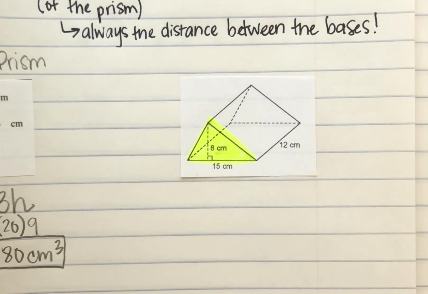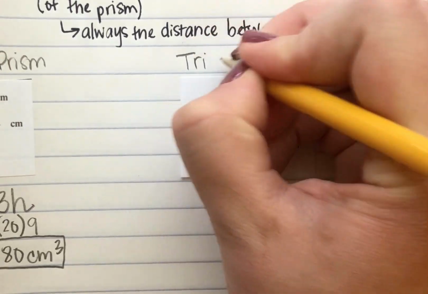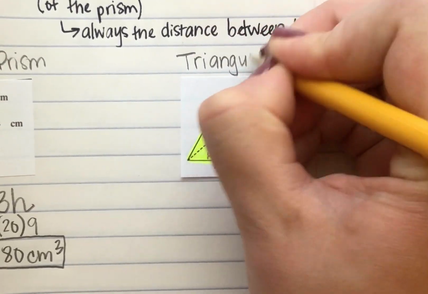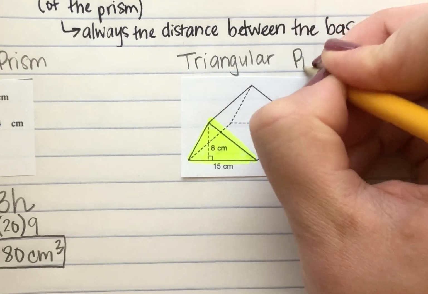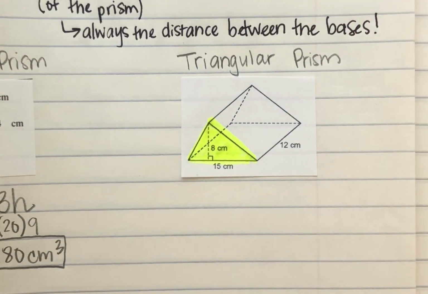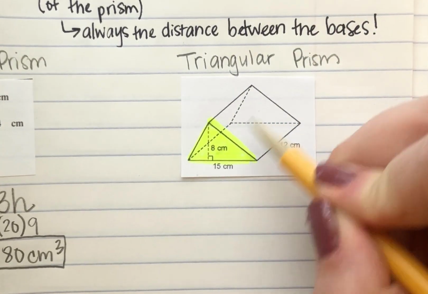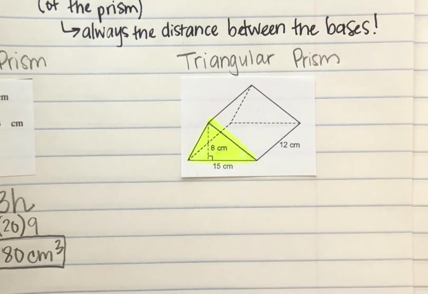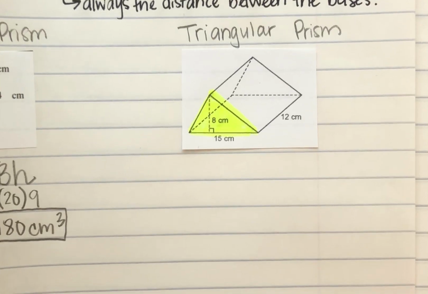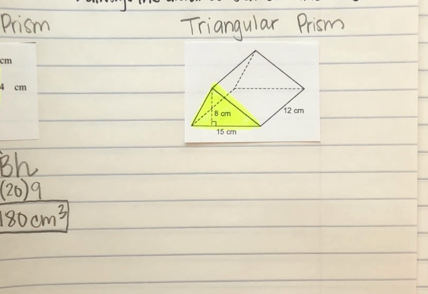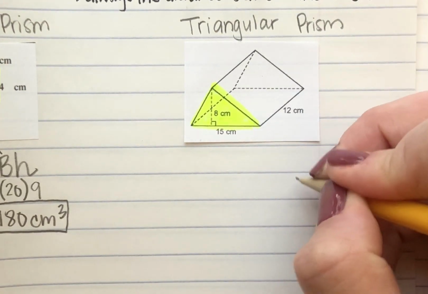So this is a triangular prism. It does have two bases that are parallel, and they are triangles, which is why it is a triangular prism, okay?